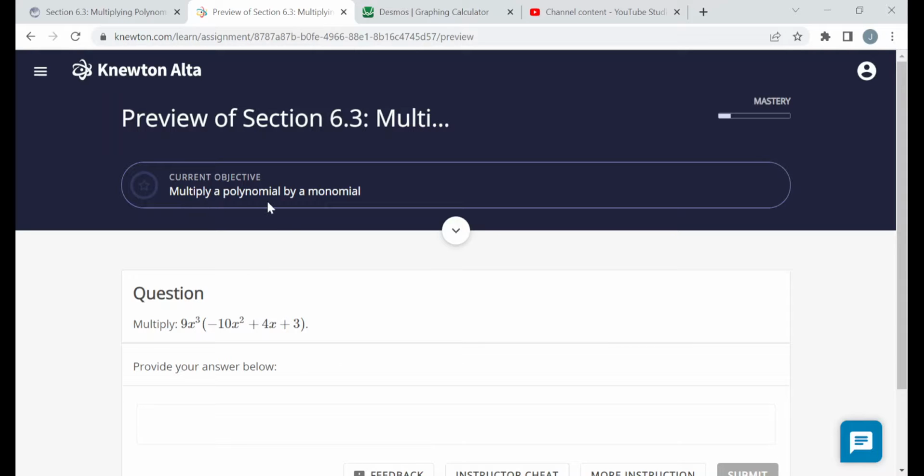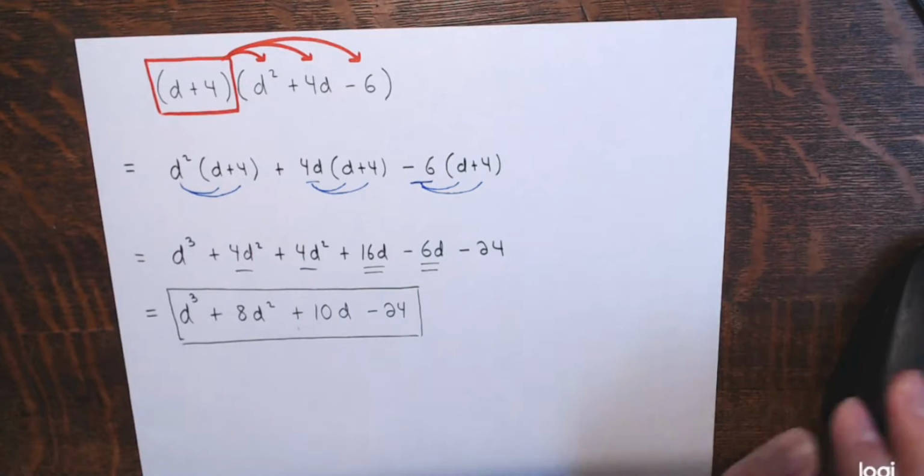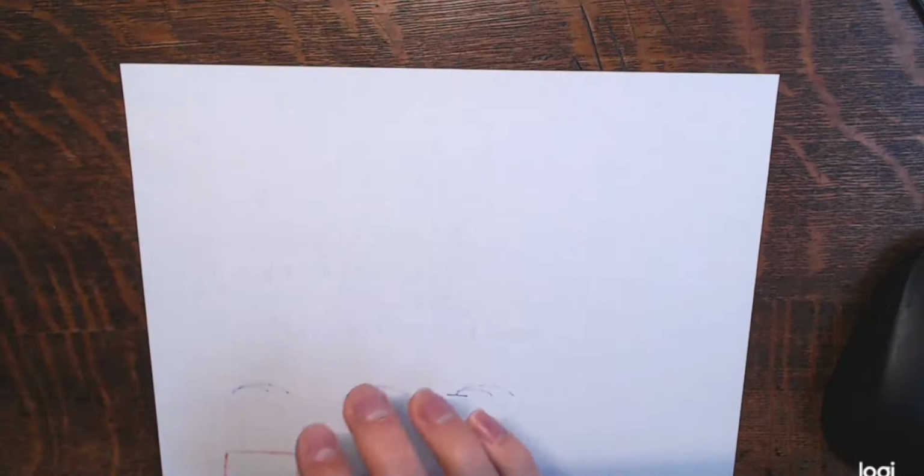So you multiply a polynomial by a monomial. Right? So this one's even simpler. You just have a single term, distribute that single term over the other polynomial. So these should be pretty simple when you're multiplying by a monomial.